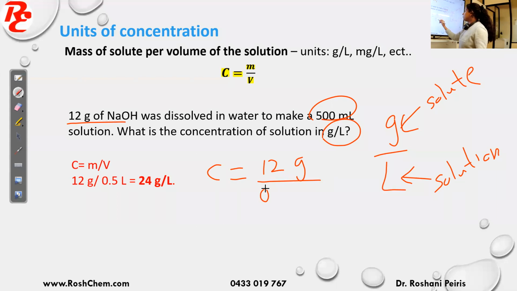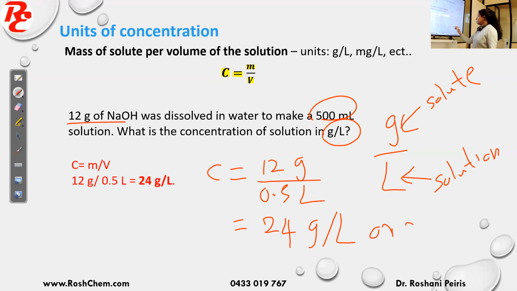It's then 0.5 liters. So then I get 24 grams divided by liter. So I can say grams per liter like this, or else I can say 24 g L^-1, grams per liter. So that's how we convert the grams to a concentration unit using C equals to mass over volume.